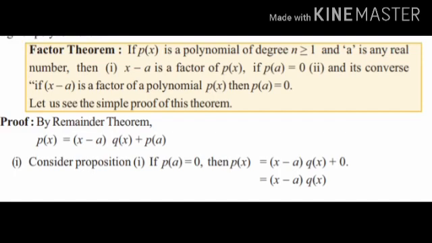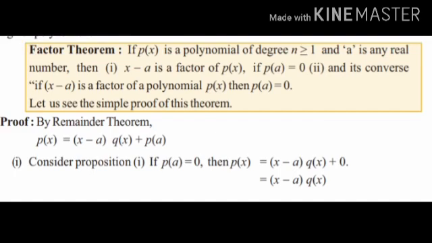Second, the converse: if x minus a is a factor of polynomial p(x), then p(a) equals 0. Proof. By the remainder theorem, p(x) equals (x minus a) into q(x) plus p(a).